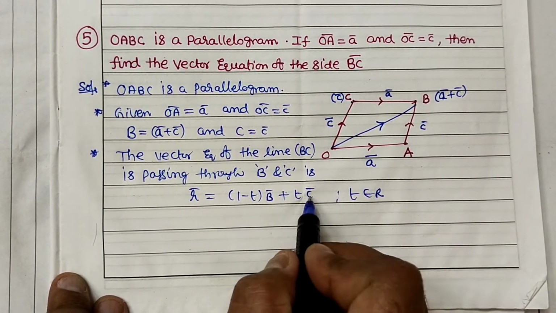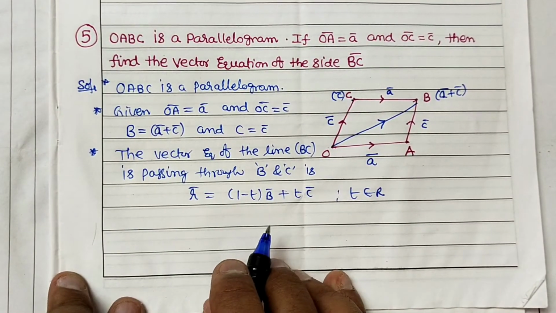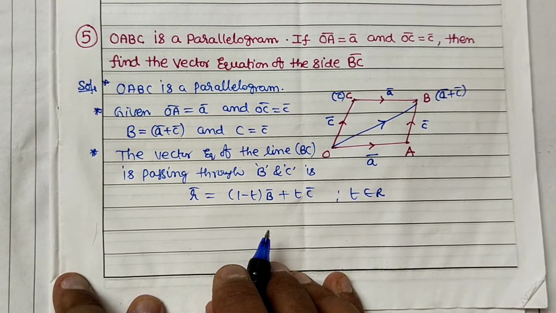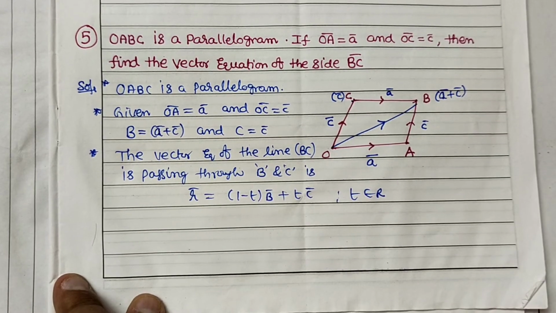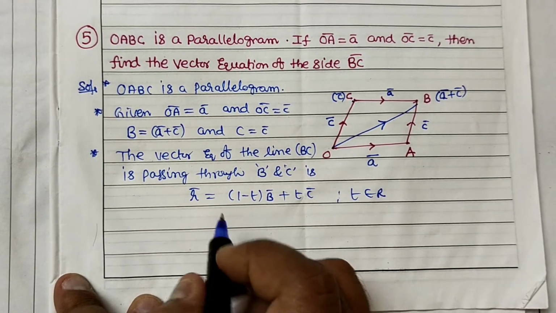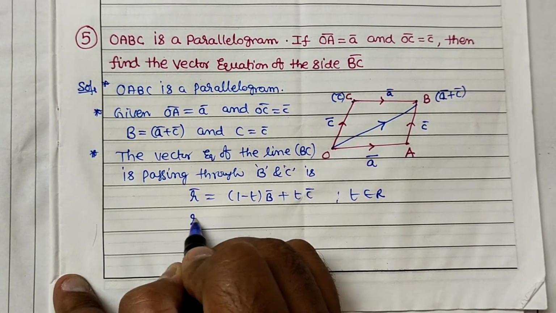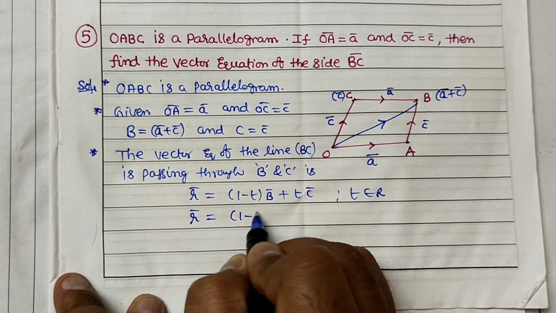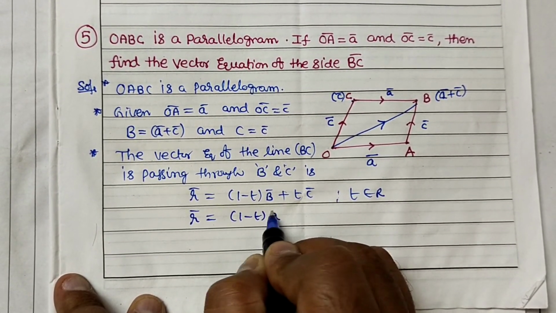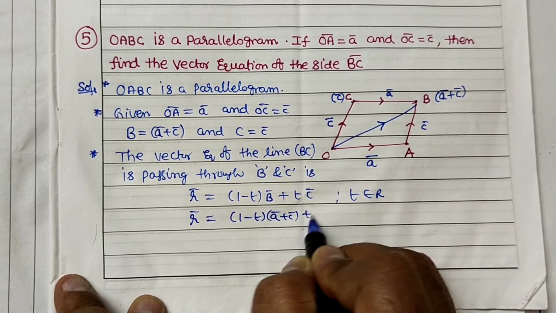So in place of B and C, substitute these values. So R bar equal to 1 minus T into A bar plus C bar plus TC bar.